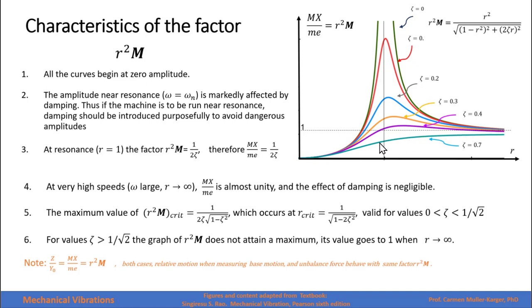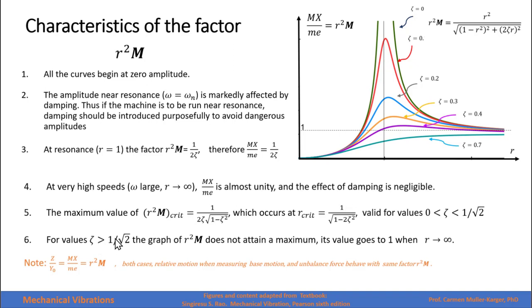The maximum value for r squared times the magnification factor is not exactly at resonance, but a little bit beyond. It will be at r critical, which is a function of zeta, so it will shift depending on the amount of damping, and it will take this value. This value is only valid when zeta is greater than 0 and less than 1 over square root of 2.